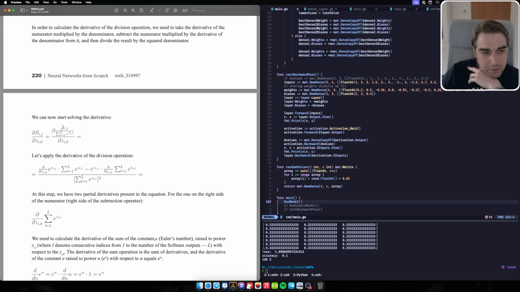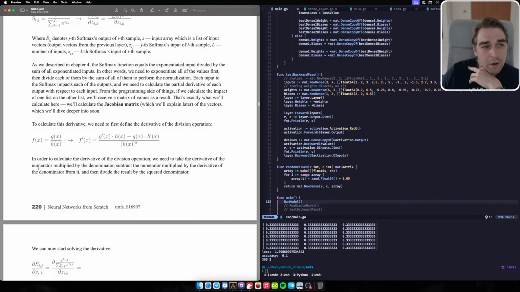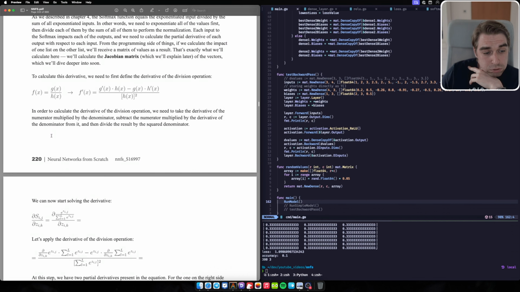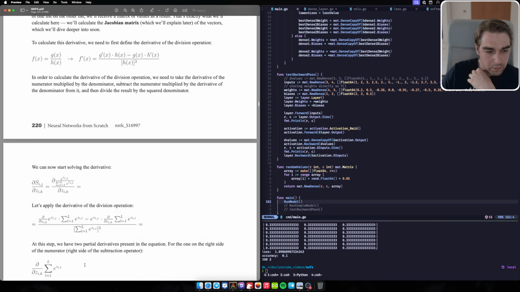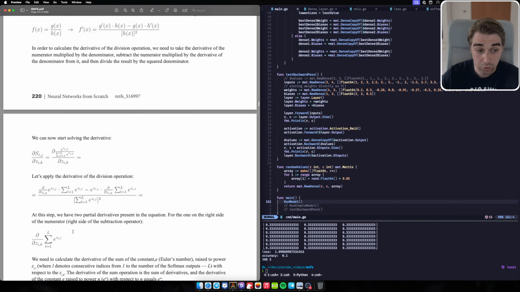So we have this function, this is the numerator, this is the denominator. We have the derivative of the numerator, multiplied by the denominator, then the numerator multiplied by the derivative of the denominator, divided by the square value of the denominator.